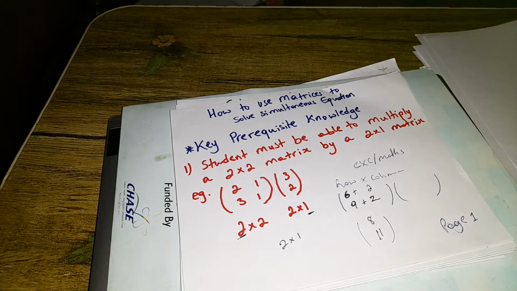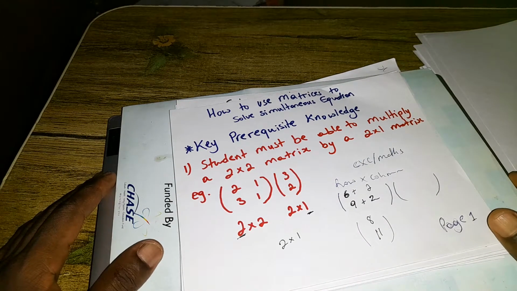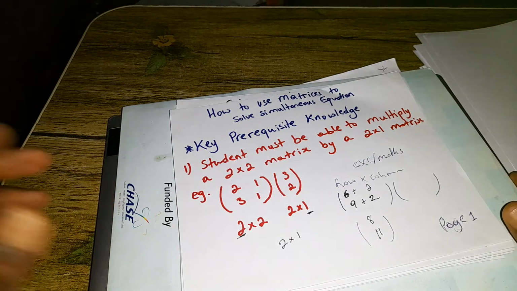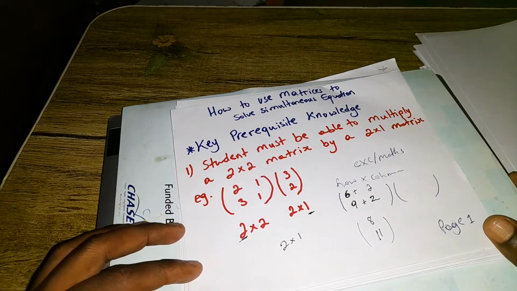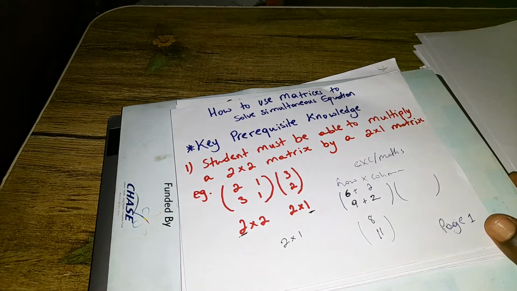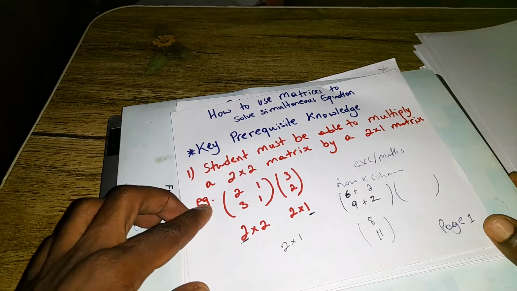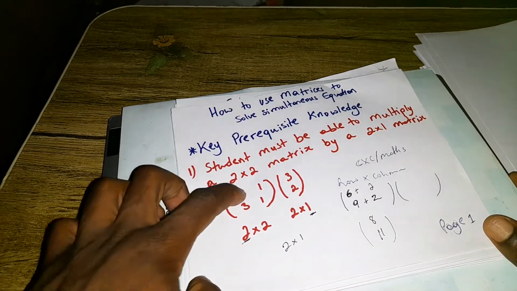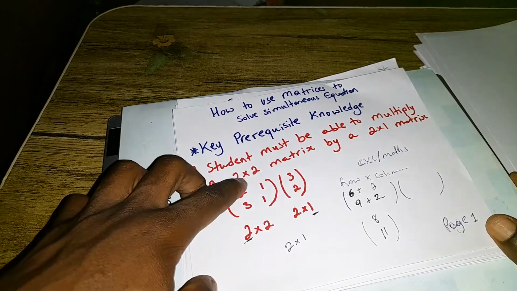So, how to use the matrix method to solve simultaneous equations. Key prerequisite knowledge is very important. First one, the student must be able to multiply a 2 by 2 matrix by a 2 by 1 matrix. Example, this is a 2 by 2, which means 2 rows horizontal and 2 columns.